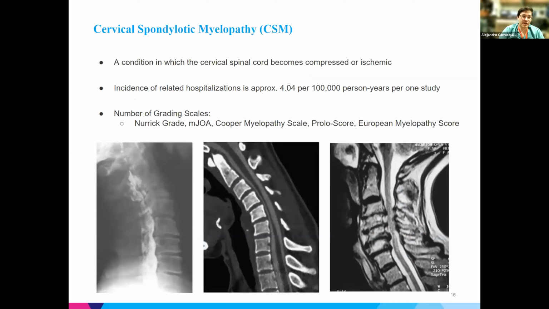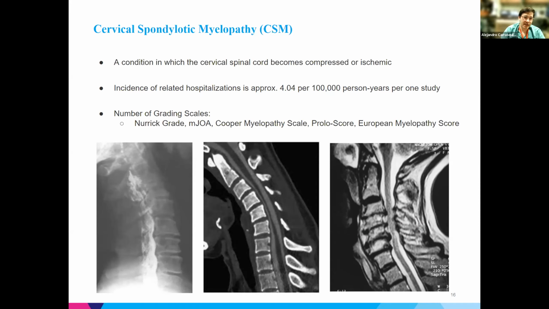To talk specifically about cervical spondylotic myelopathy, as you know, this is a condition where the cervical spinal cord itself becomes compressed or ischemic, and related hospitalizations in one Taiwanese study were approximately 4 per 100,000 person years. And there's a number of grading scales that have been used to describe the severity of cervical spondylotic myelopathy.